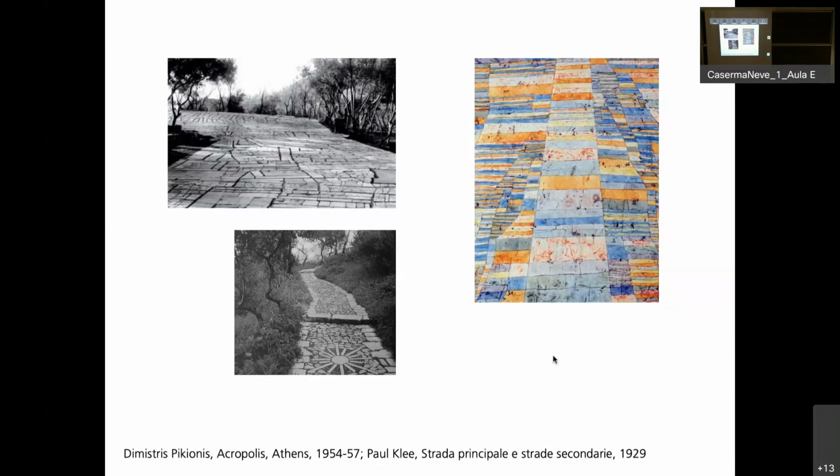In case you didn't hear about it, Frampton meant by critical regionalism a sort of a new category in architecture, which was able, according to him, to overcome the universal character, international character of modernism.